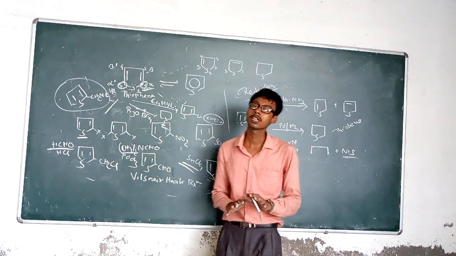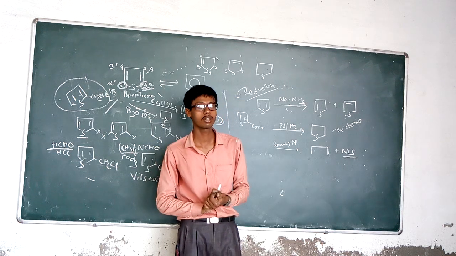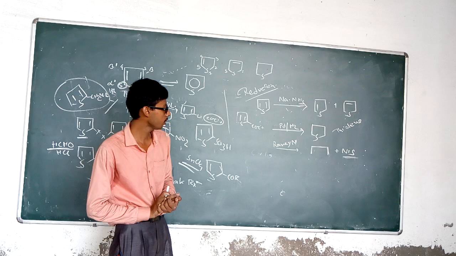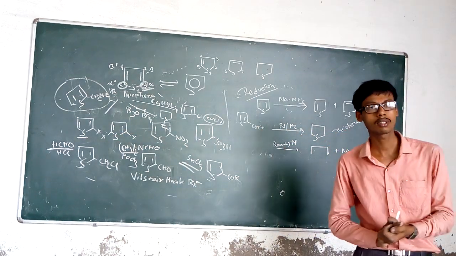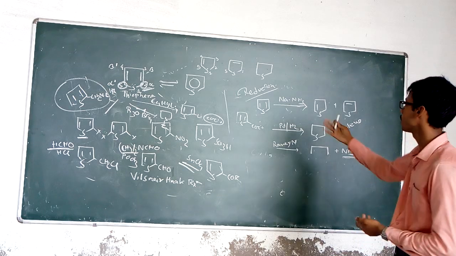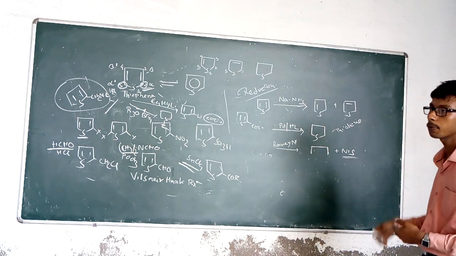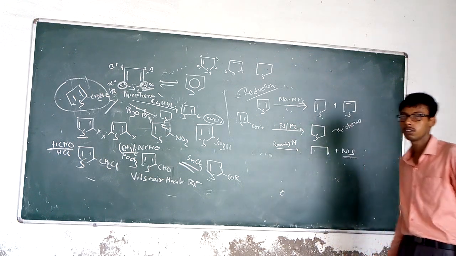Because various types of products are formed for various reducing agents, this reduction is like that: when thiophene is treated with sodium in liquid media, it is partially saturated and forms 2,3-dihydrothiophene as well as 2,5-dihydrothiophene.